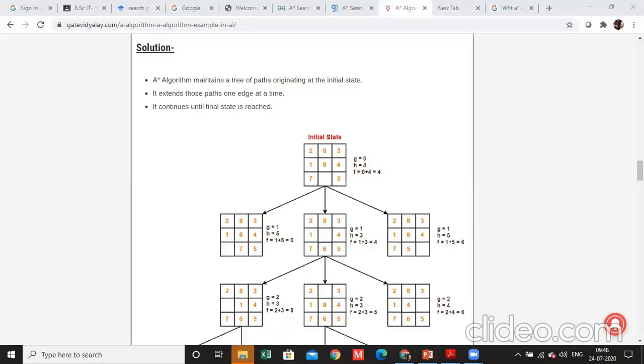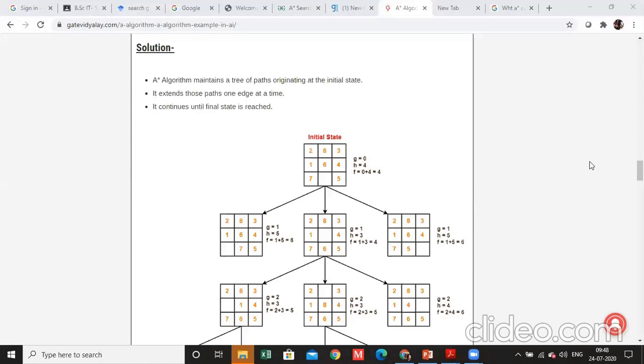I share my screen so you have a clearer view of the A star algorithm. The second example. Okay, now all are visible.